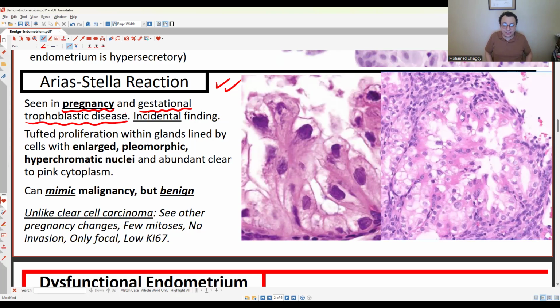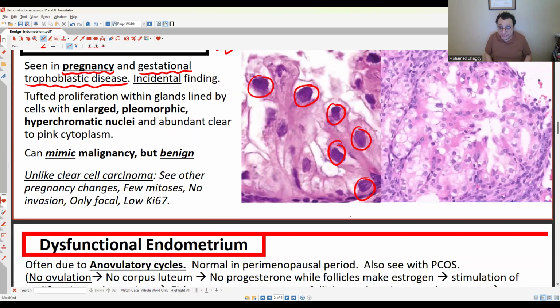So Arias-Stella reaction is when you see, I always say, whorls of cells with dark enlarged nuclei, which look really ugly. Honestly, if you don't put this in the back of your mind, you might end up saying that this is cancer.